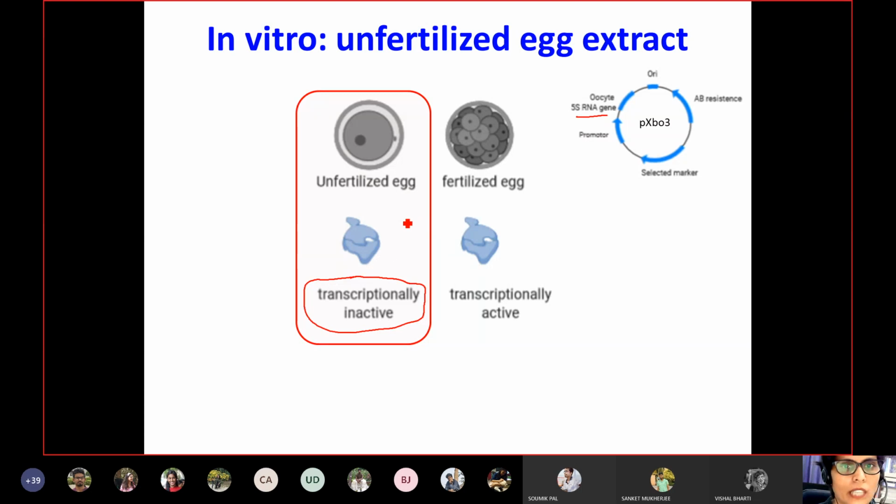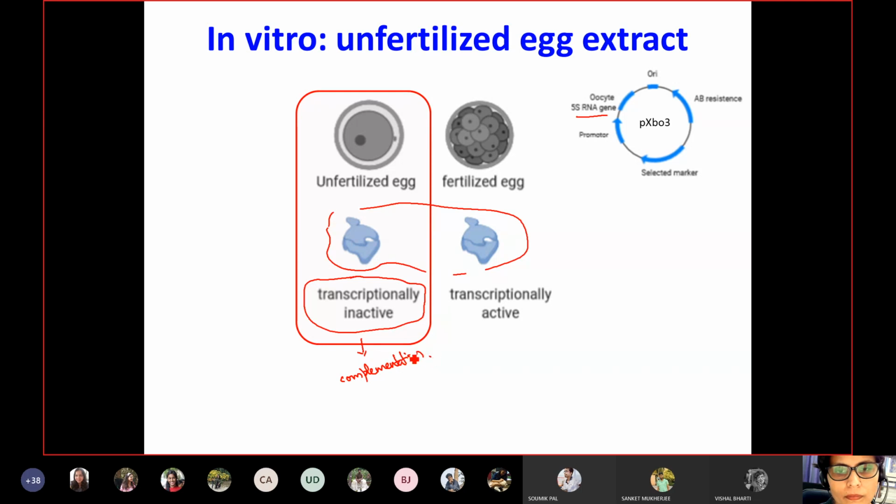But it was seen that although they are transcriptionally inactive, their RNA polymerase is in equivalent quantity in the unfertilized egg and in the fertilized egg or ovarian extract. So you have a prominent amount of RNA polymerase, but this is still transcriptionally inactive. That means this extract can be used for complementation assays.